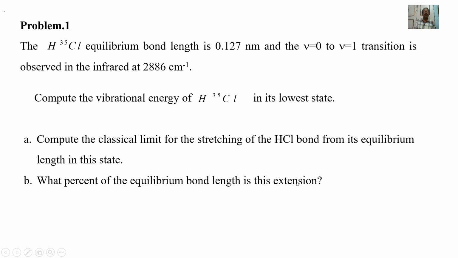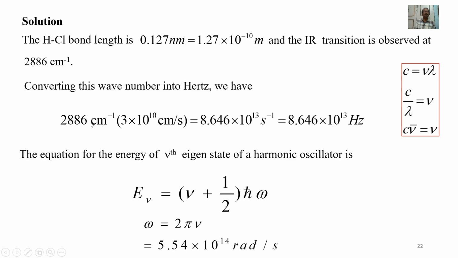So first let us solve to obtain the lowest state energy. Given that the HCl bond length is 0.127 nanometer, which is nothing but 1.27 in 10 power minus 10 meter, and it is observed at 2886 centimeter power minus 1. First we will convert this wave number into Hertz.